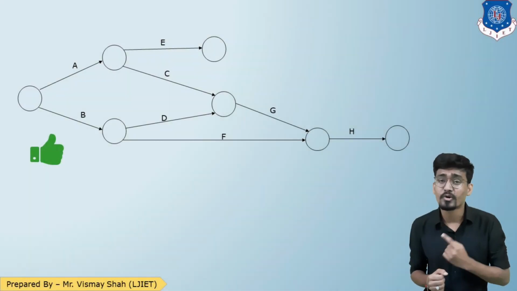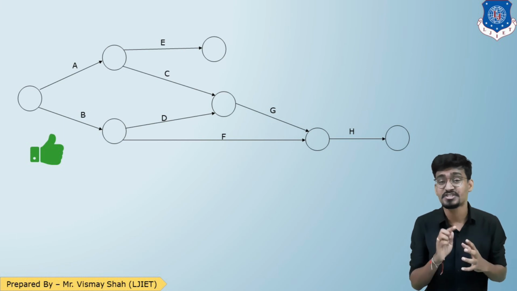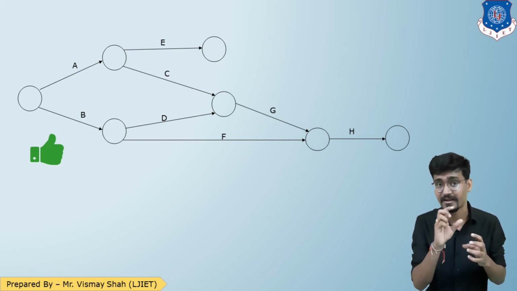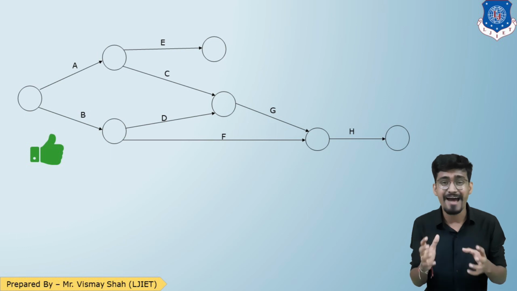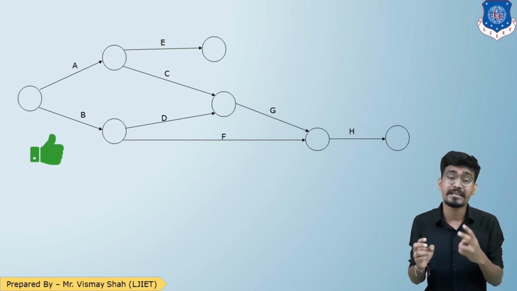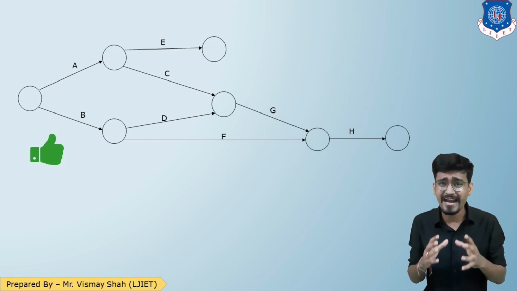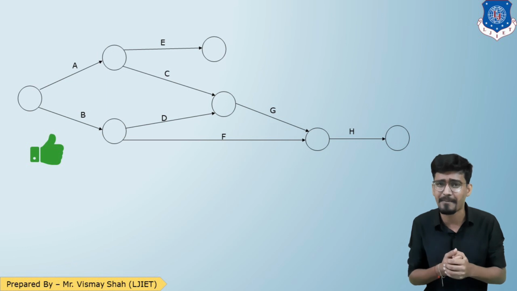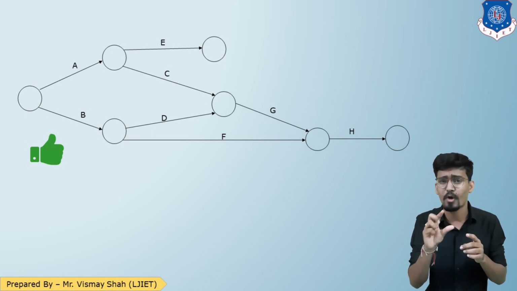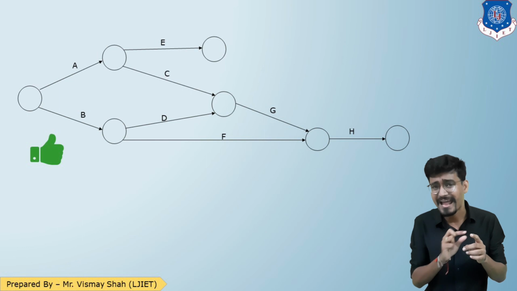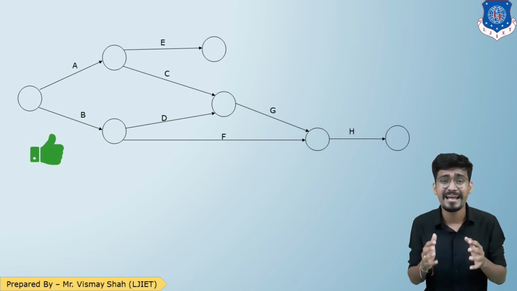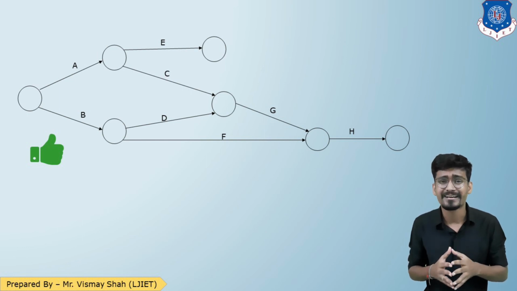So again, I could represent the activity G and F having H separately, but now you know the logic that when the activity is having two predecessors, the endpoints of those activities should be combined, and then the next activity should be commenced. So I've combined the endpoints of activity G and F, and then I've represented the activity H. I hope we are clear up to this point.